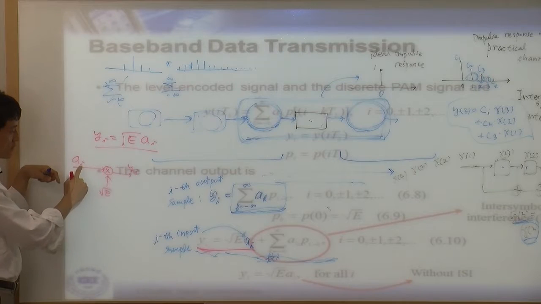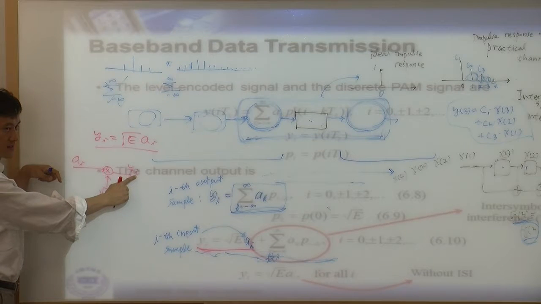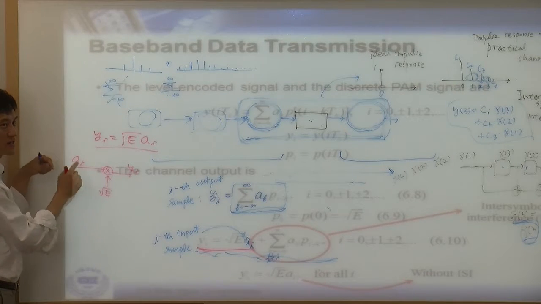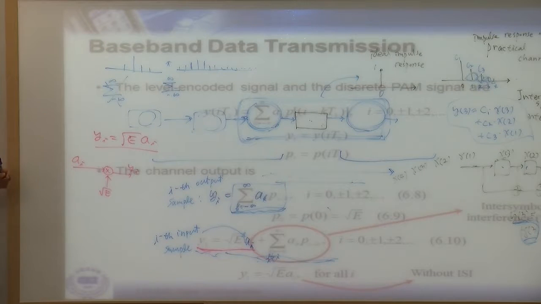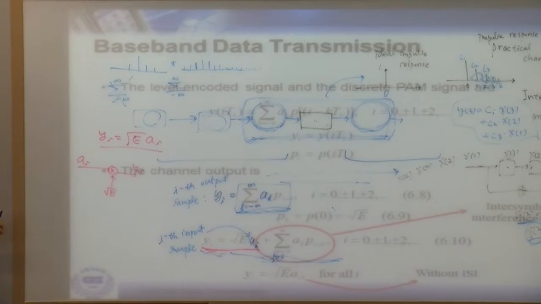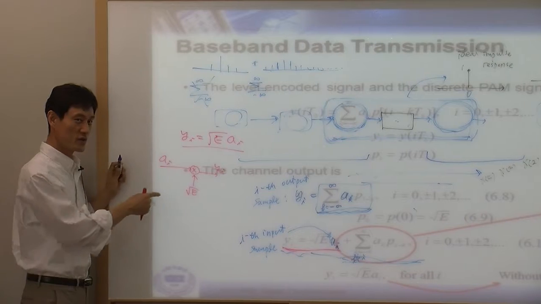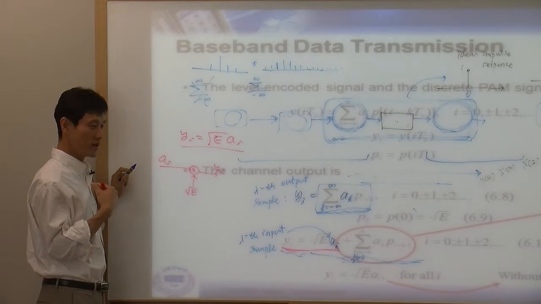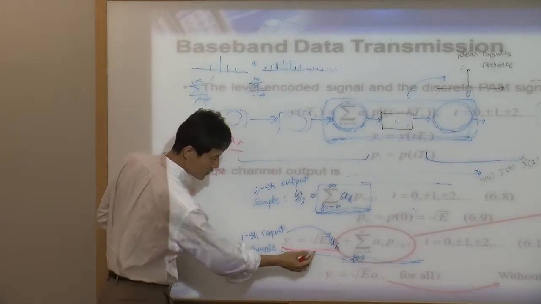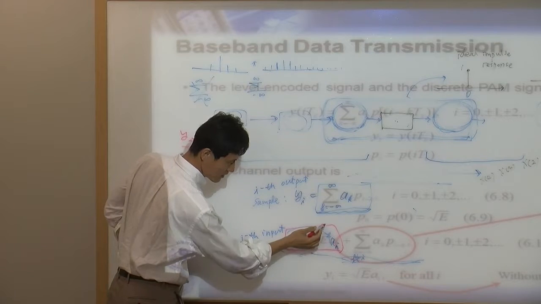Both have the i index, meaning that both are the same time, same index, no delay. And no memory, of course, right? So that's what we want. So what we want is only this one. This is what we want.